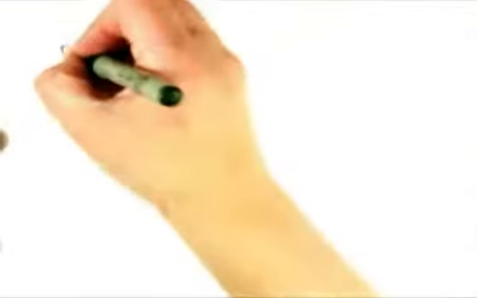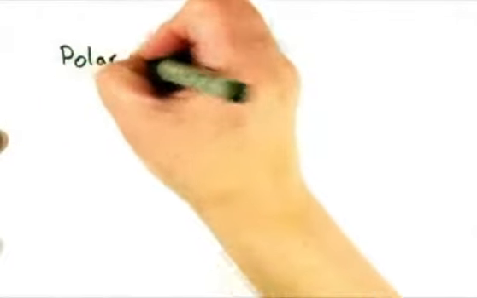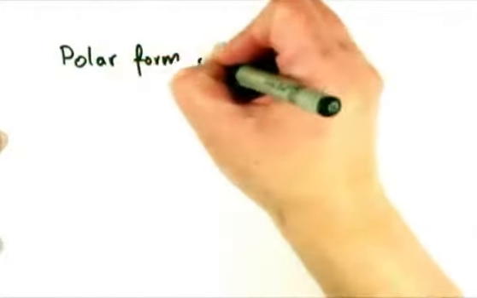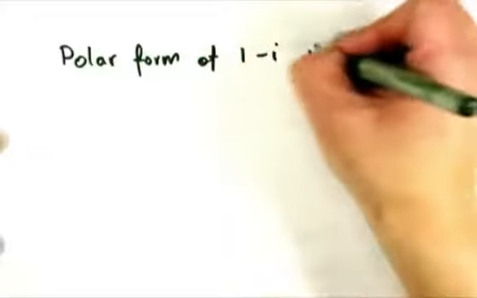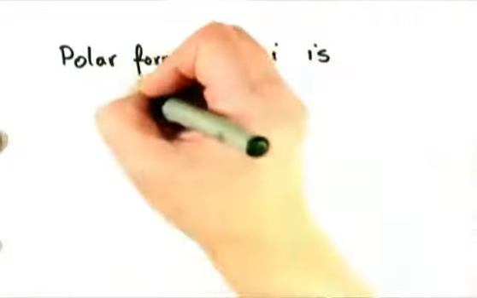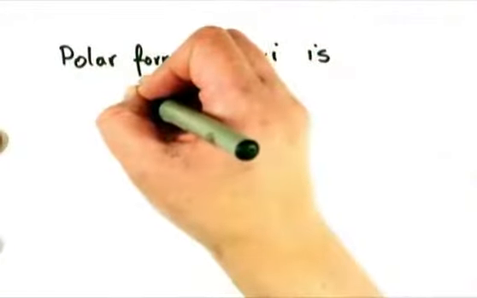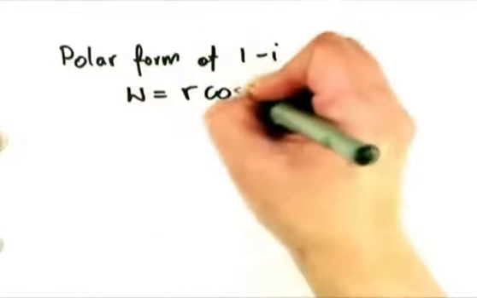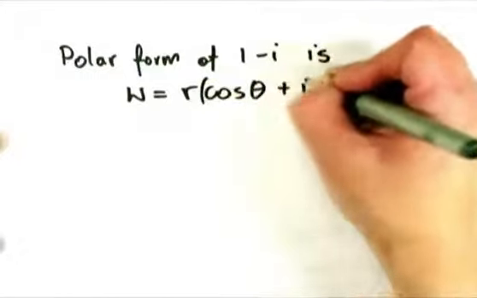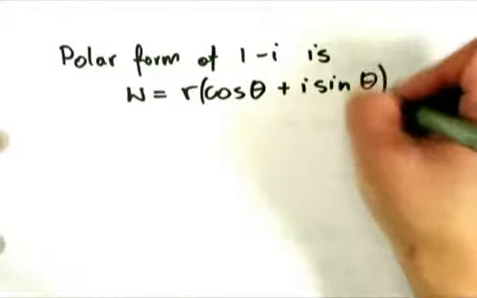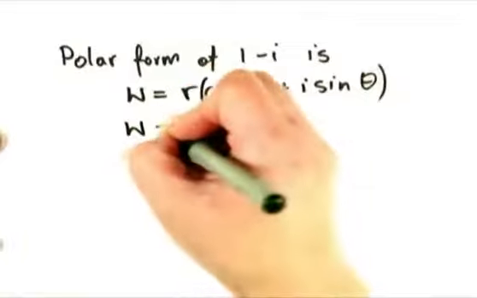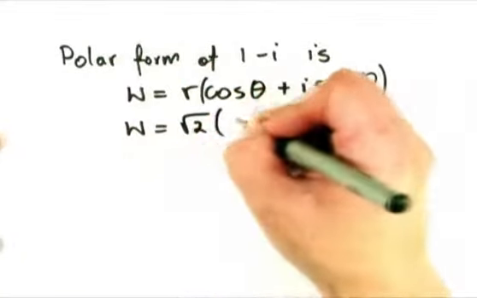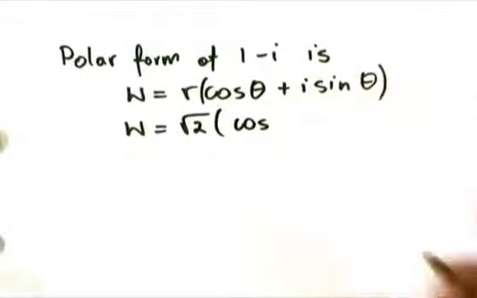Polar form of 1 minus i. We know that the polar form of z, or we're going to call this one w, is r times cos theta plus i sine theta. So in that case it is square root of 2, and we have cos of, we had 165.